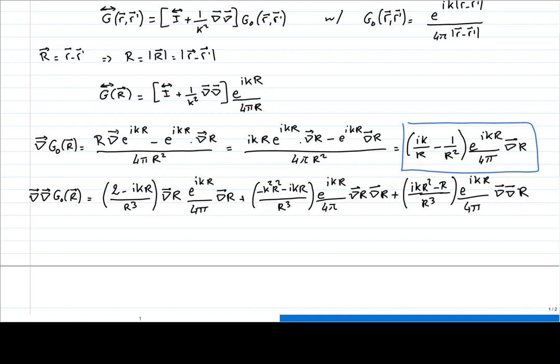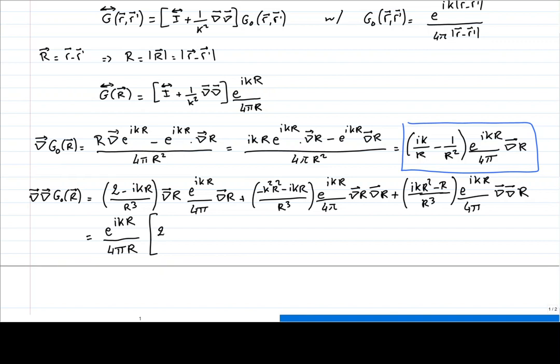So now we can just do a little bit of cosmetic. We're going to factor out exponential ikr over 4 pi r, which is the scalar Green function. That's just straightforward.